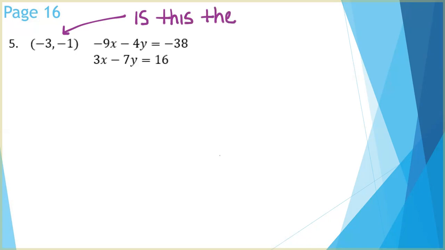So is this where these two lines will intersect? That's what we're trying to answer for this question. So I'll give you about 60 seconds to copy the question down, and then we'll go through it together.